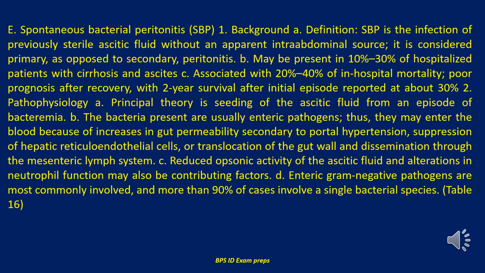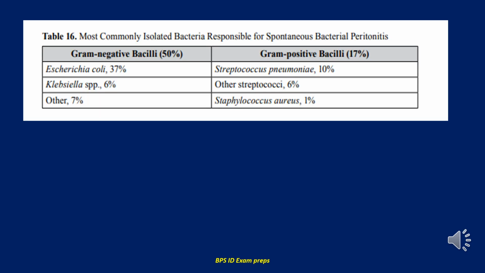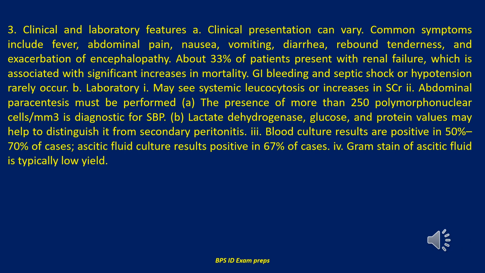See Table 16. Pause the video and carefully scrutinize Table 16 summarizing the most commonly isolated bacteria responsible for spontaneous bacterial peritonitis. We will now discuss clinical and laboratory features of SBP. Clinical presentation can vary.